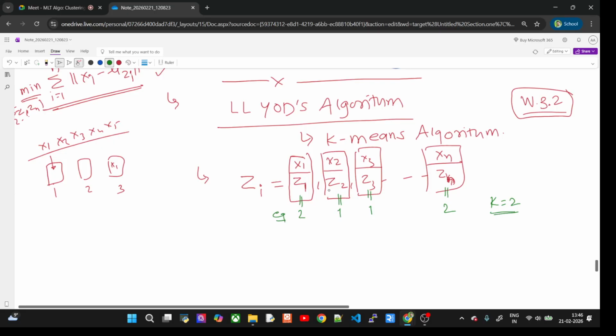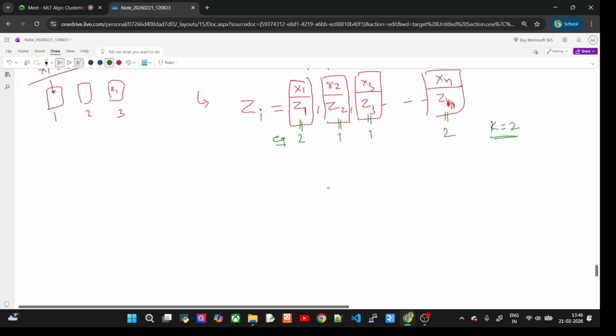So you understood zi, but what is the next point we discussed? If you are creating some groups, for example this is one group, this is another group, and this is one group. You added this point here, which is the mean of the group.